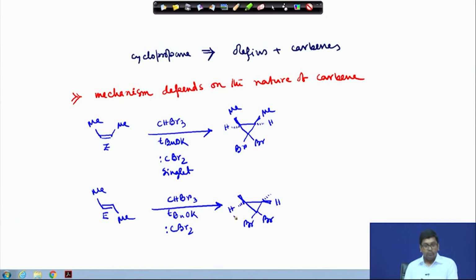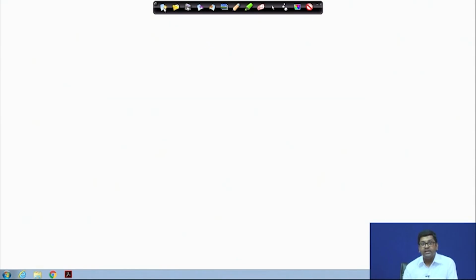Okay. So, in general this gives this cis product, whereas this gives the trans product, fine. So, this shows that the addition of the singlet carbene to the olefin acts via a concerted manner. Okay. So, the reactions of these olefins and the singlet carbene work in a concerted manner.